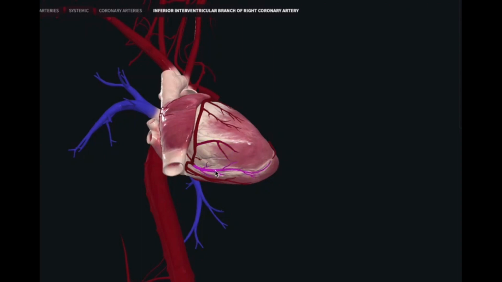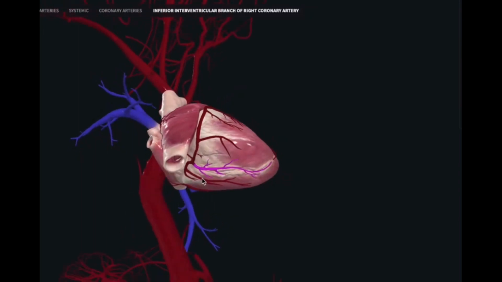Now we have the inferior intraventricular branch of the right coronary artery. So we're getting closer to the apex of the heart, so it's supplying more of the bottom half of the right ventricle. And then finally we have the right posterolateral branch of the right coronary artery. Postero means behind, lateral means away.